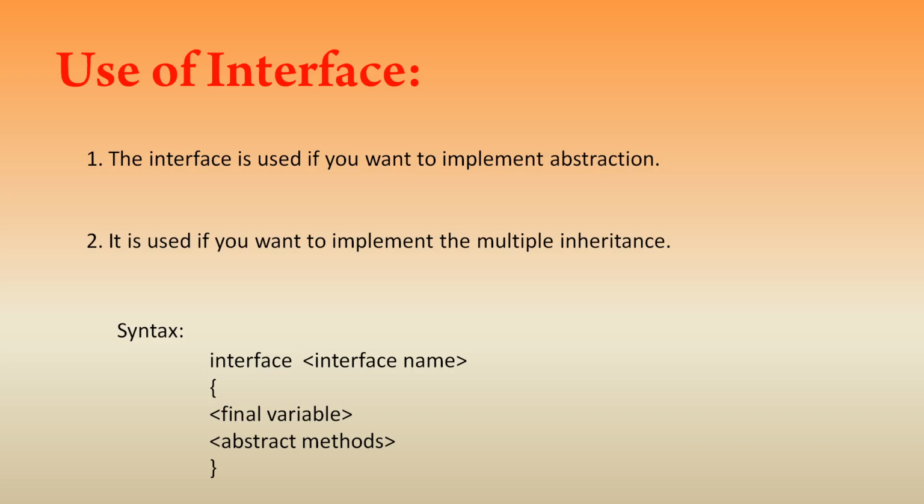A valid identifier does not start with a digit or any special character, except underscore and dollar, because underscore and dollar are valid identifiers. We can use them in a class name, interface name, variable name, whatever. Next is the block of the interface. Inside the block of the interface we can define final variables and abstract methods.